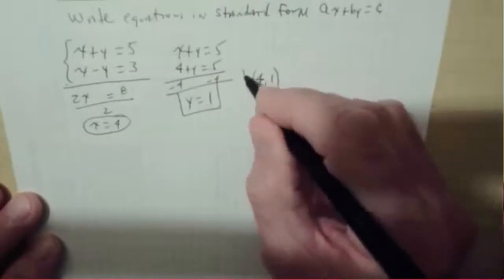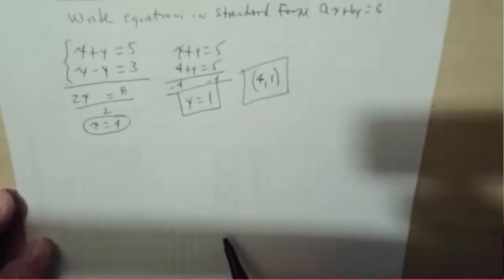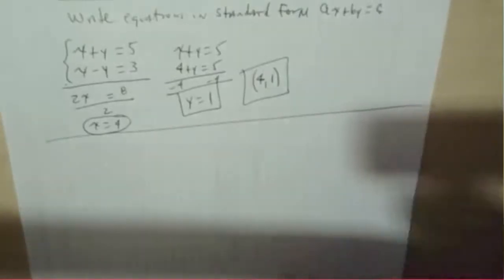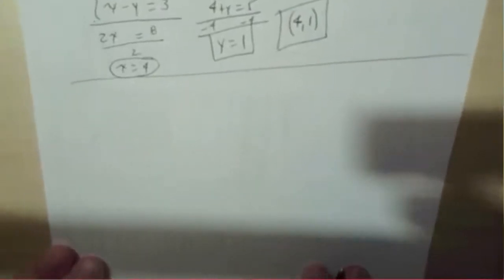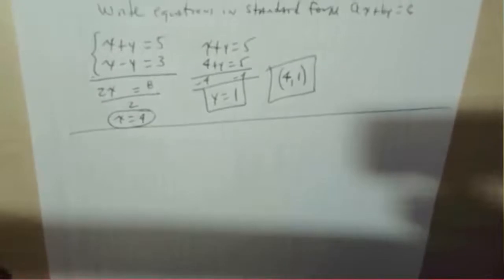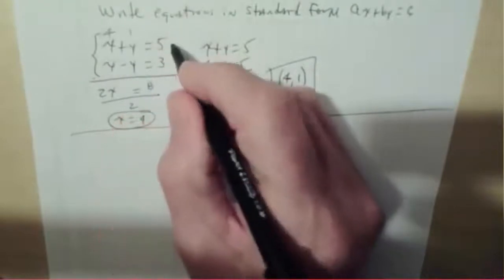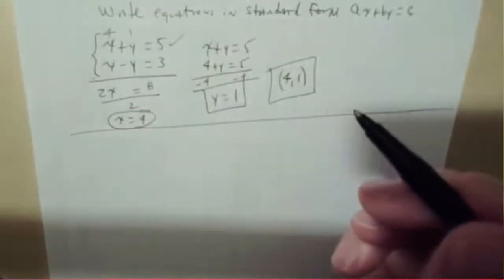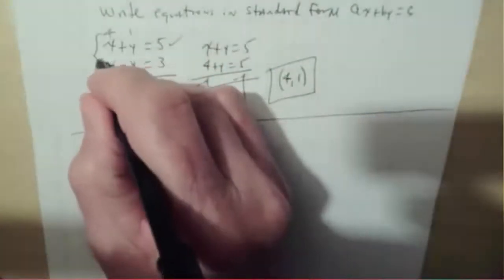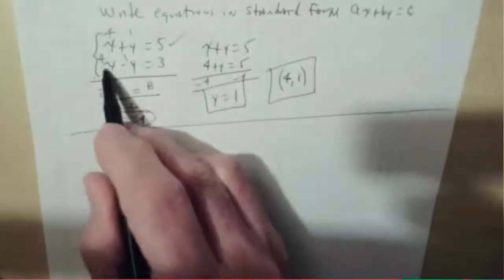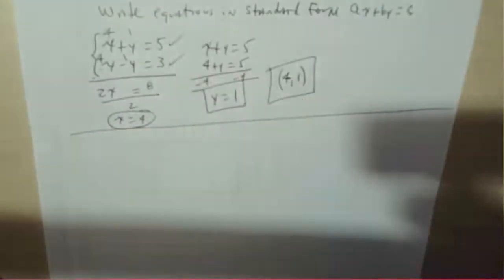Remember, this is where the two lines cross. It's the one point that satisfies both equations. So we plug them back in. 4 for x, 1 for y. 4 plus 1 is 5, so that one works. Now we plug in 4 for x, 1 for y. 4 minus 1 is 3. So remember, it has to work for both of them, not just one.